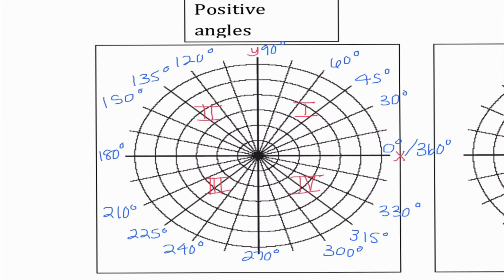Now, the significance of these 12 angles is those are what we call our special angles, and we will get into those in more depth sometime later this chapter.